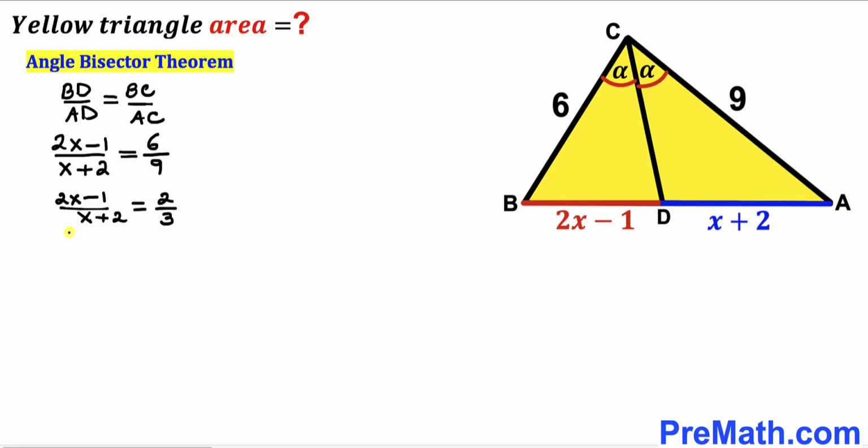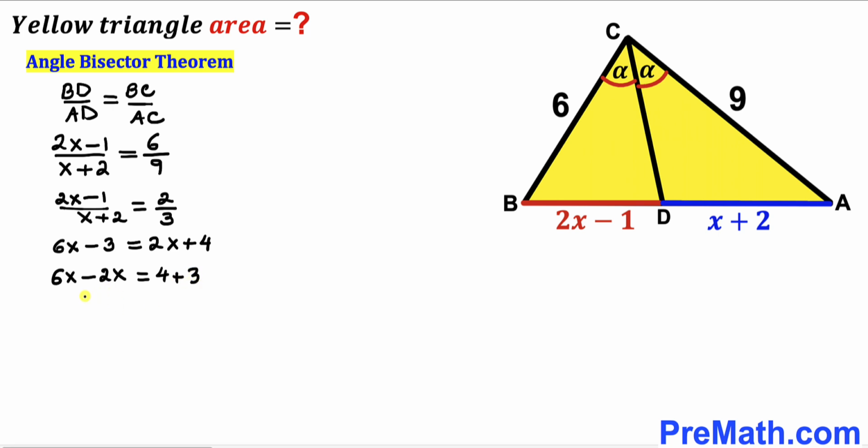When we cross multiply, we get 6x minus 3 equals 2x plus 4. In this next step, I'm going to move this 2x to the left hand side, and at the very same time I'm going to move this negative 3 in the opposite direction. So we can write 6x minus 2x equals 4 plus 3.